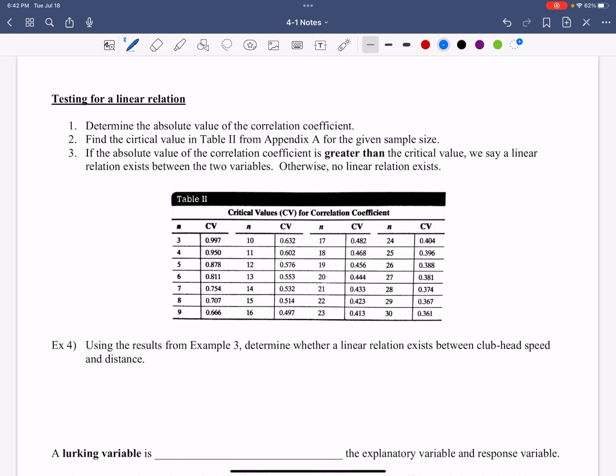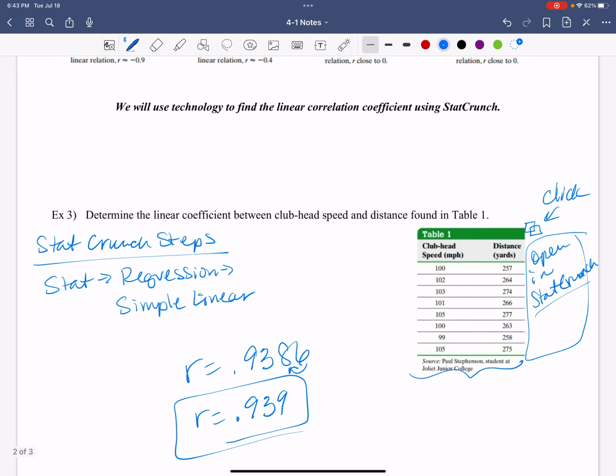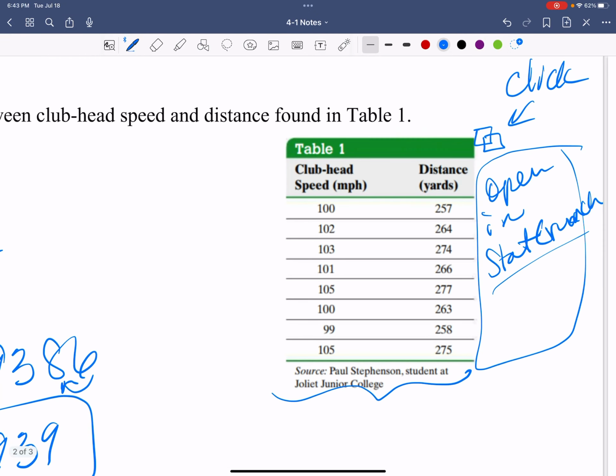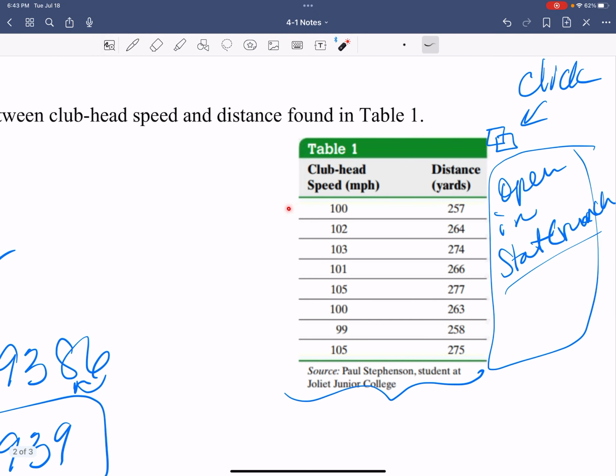So let's pull this up, using the results from Example 3. I know my r here is 0.939. It's already positive, so I don't have to worry about that. But the other piece of information here is, I'm going to make this bigger so we can see it, look at this: we have 1, 2, 3, 4, 5, 6, 7, 8 pieces of data.